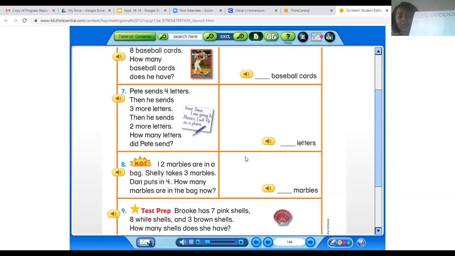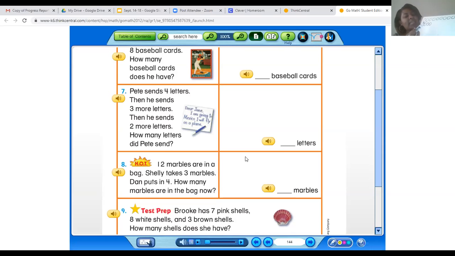Shelly takes 3 marbles. So if someone takes something, they don't have it anymore. So let's cross out 3. 1, 2, 3. Okay, so I'm not going to use those, or I can erase them. I'm going to erase them because I have a board, but you may want to cross them out. Then Dan comes back and puts in 4. 1, 2, 3, 4.